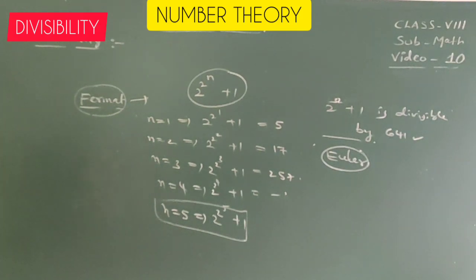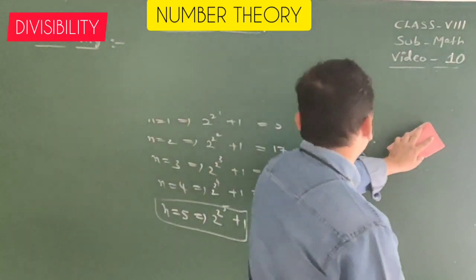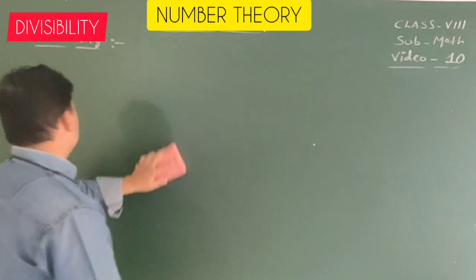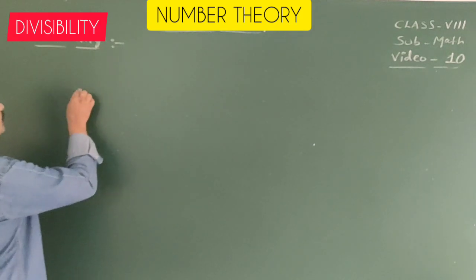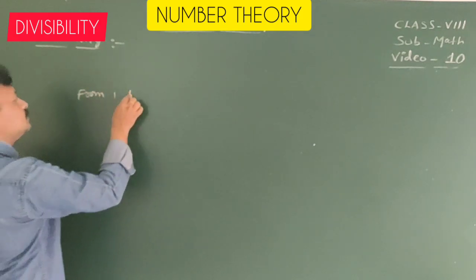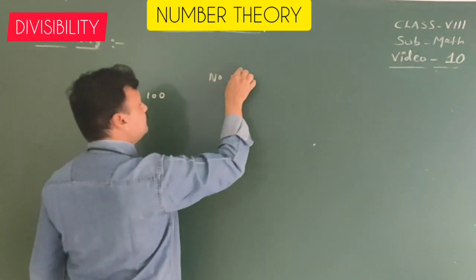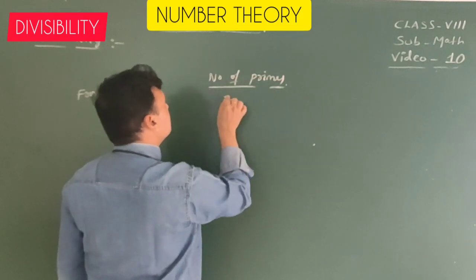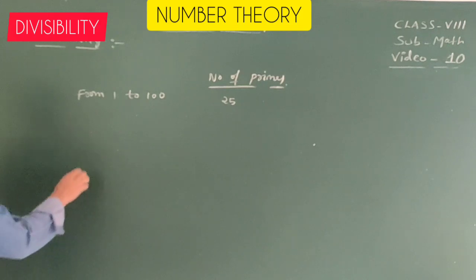Next, primes between 1 and 100. There are 25 primes between 1 and 100.